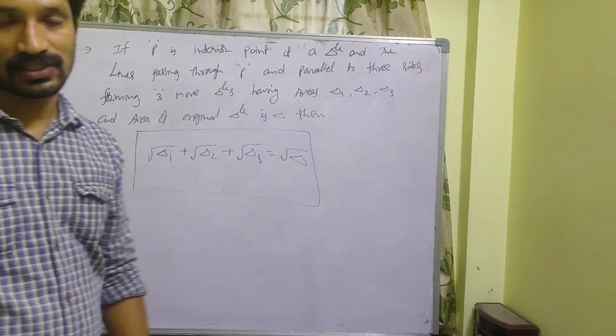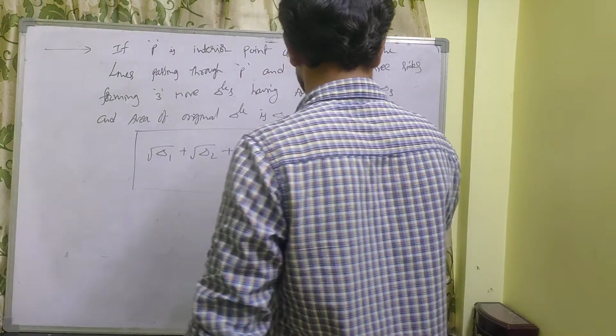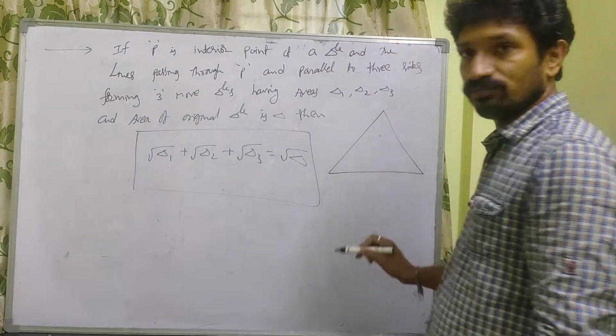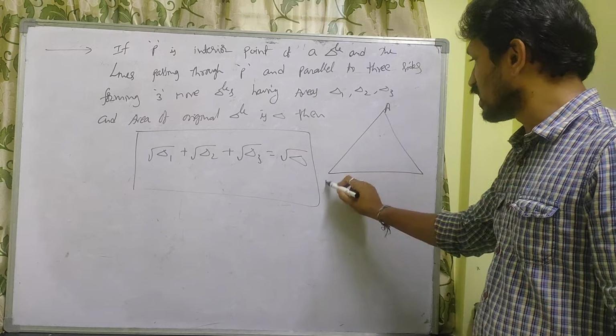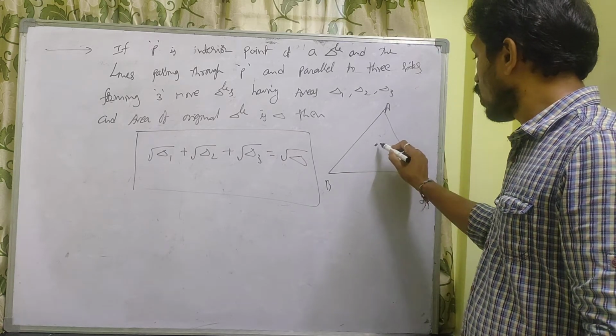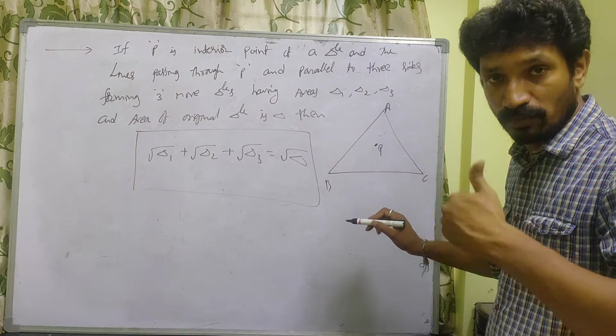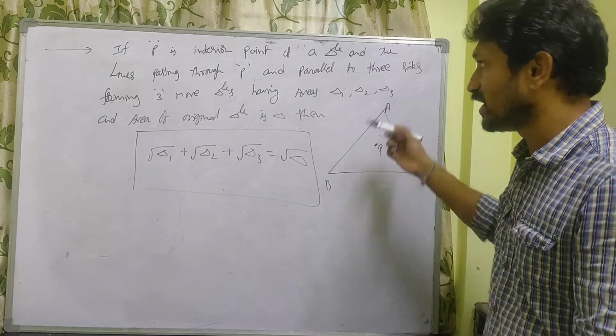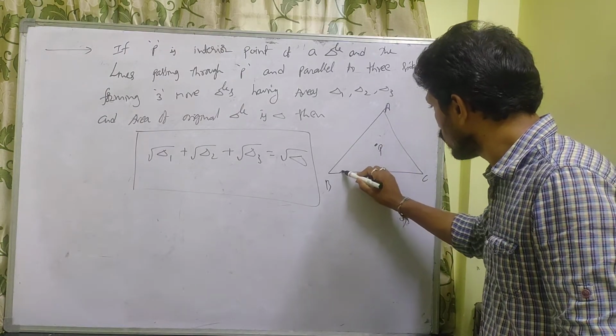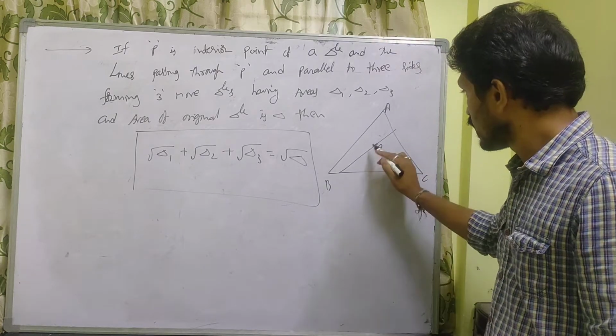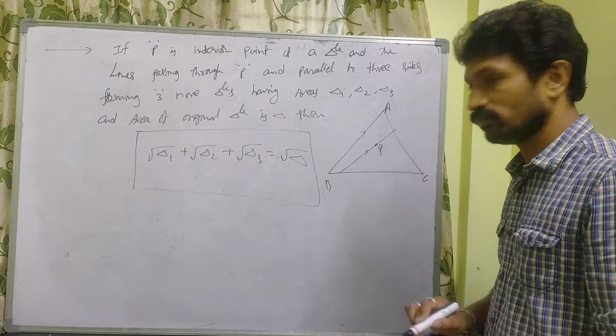So once you observe the structure of this diagram, let us take this is the triangle ABC. It has a point P. If you draw three lines passing through P and parallel to the sides, so it is one of the sides parallel to this one.